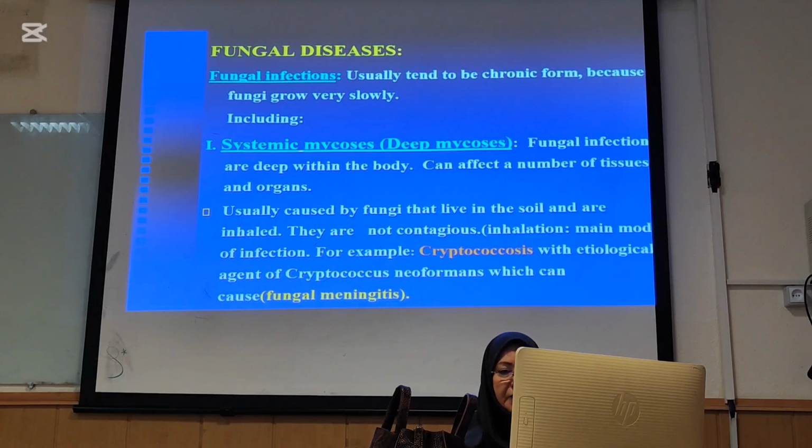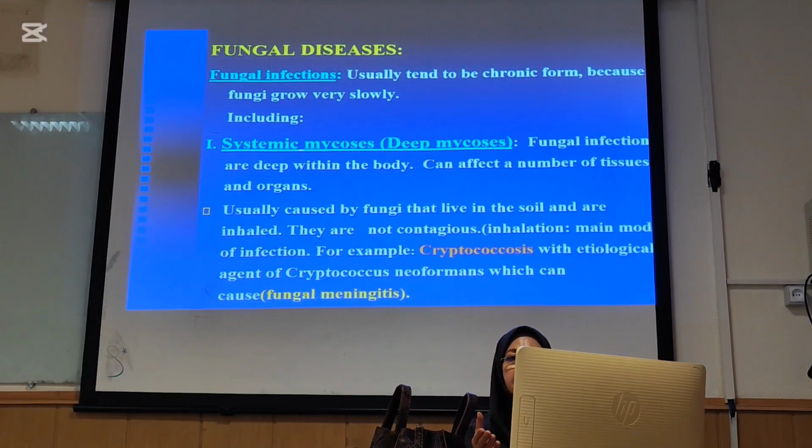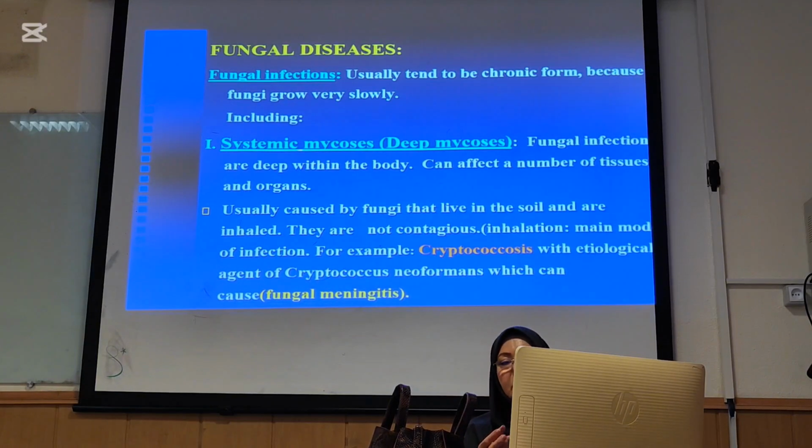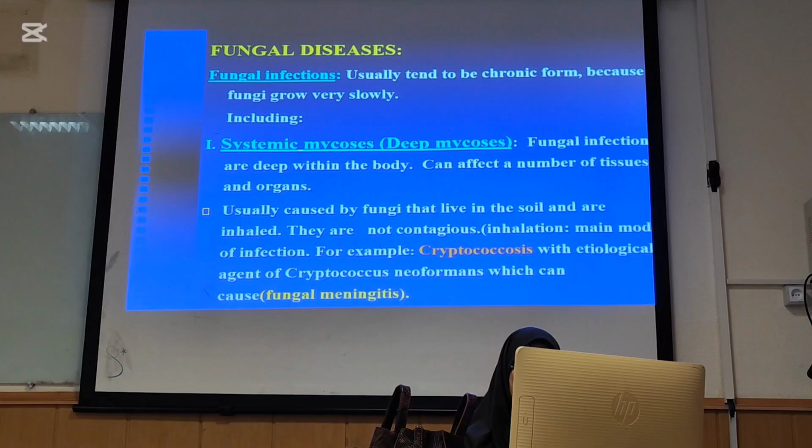Fungal infections are deep within the body, can affect a number of tissues and organs, and are usually caused by fungi that live in the soil. The causative agent for systemic mycosis always lives in the soil, and after inhalation, these spores can enter the lung and, through the blood, spread to all of the organs and tissues.